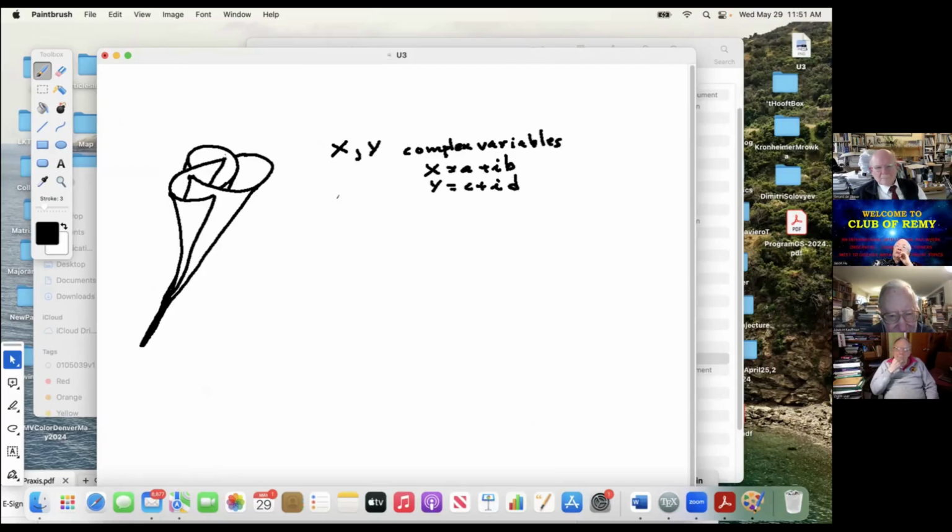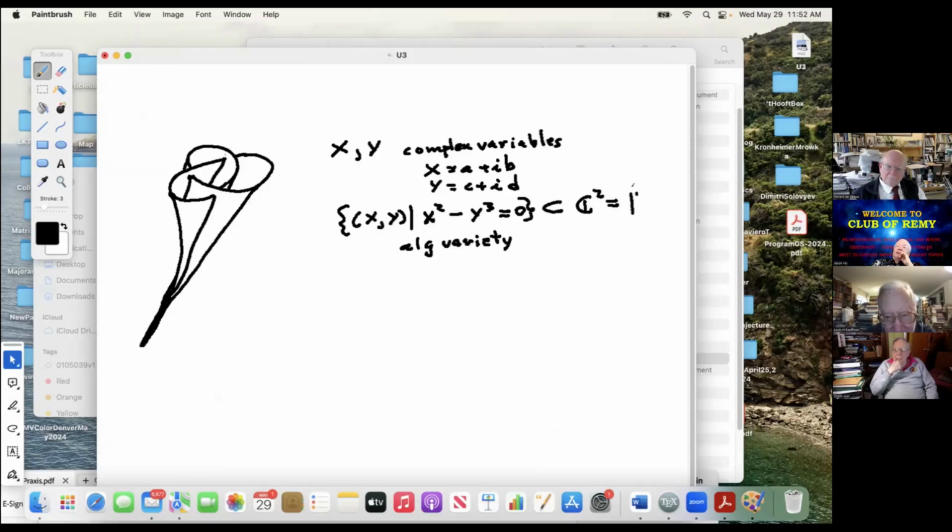And then I consider the set of (x, y) such that x squared minus y cubed equals 0. And this is an algebraic variety. That is, it's a set of solutions, and it's sitting inside of two complex variables, x and y, which is equal to 4 real variables. That's 4-dimensional space, 4 space.